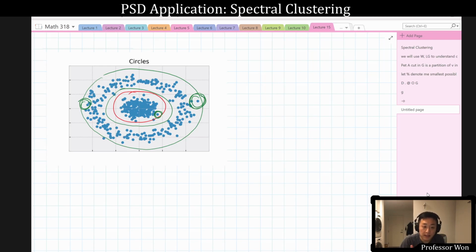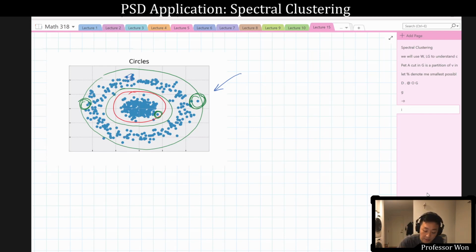One way to approach this problem is you can take this data and form a graph out of it where you have a node for every dot and you connect it to the 5 closest points to it, right? So imagine that I draw in lots of edges here where for each dot I connected it to its 5 closest neighbors. Then you run the spectral clustering algorithm that we just saw.